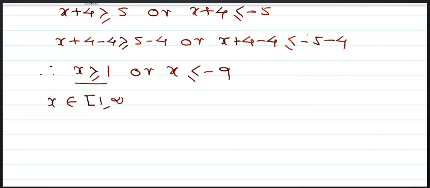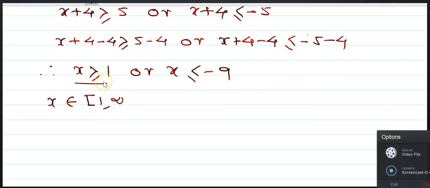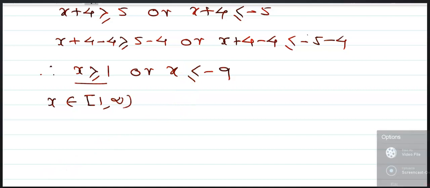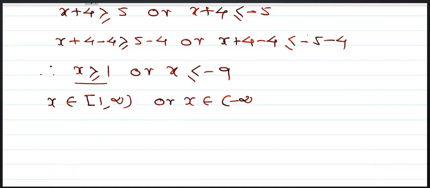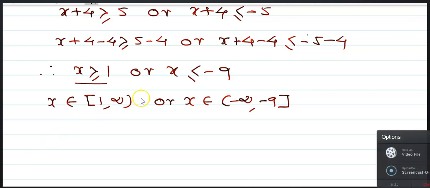Therefore, x is greater than or equal to 1, meaning 1 is included, or x is less than or equal to minus 9. It means that x belongs to minus infinity to minus 9, with a closed bracket since it is less than or equal to.